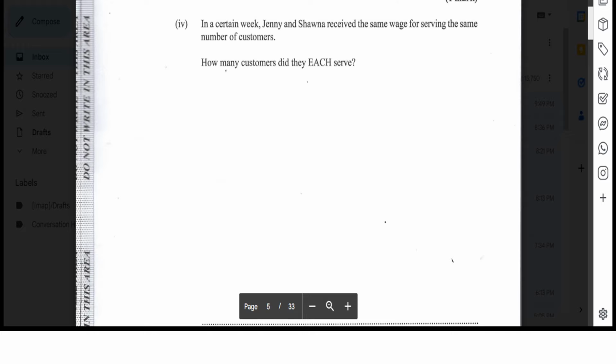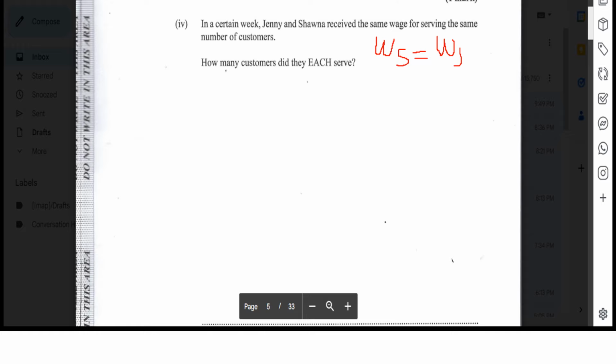The key here is to equate both wages. So we pull the marker so that WS would be equal to WJ.